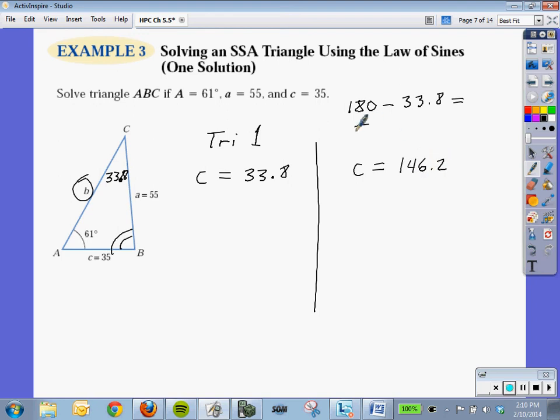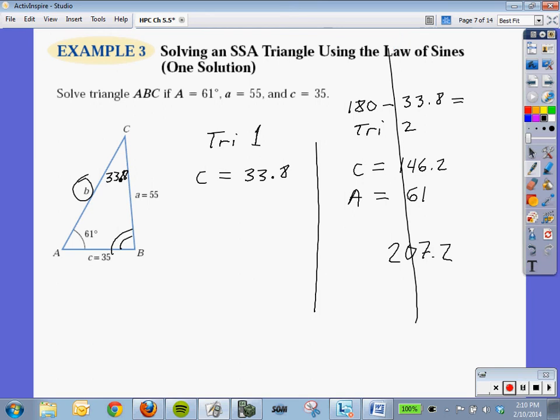I'll go ahead and label this triangle 2. Now you guys, we're given that angle A is equal to 61. So what happens here, when we take 146.2 and add 61, we end up with 207.2. And that's above 180. So right off the bat, you're like, oh, okay, we can't have a triangle 2. That given information will not produce a second triangle, because when you add up those two angles, you go above 180.